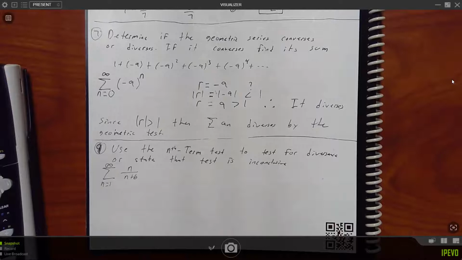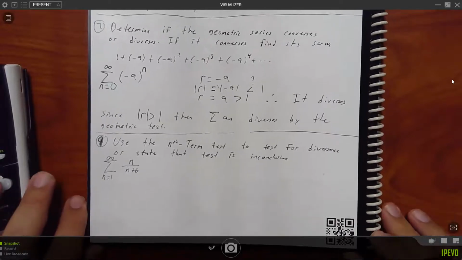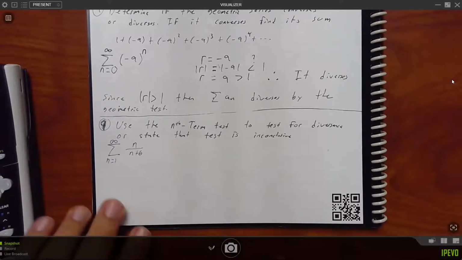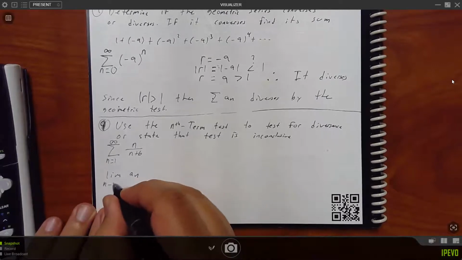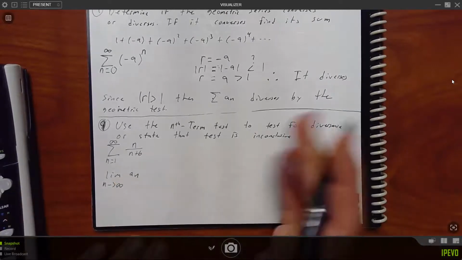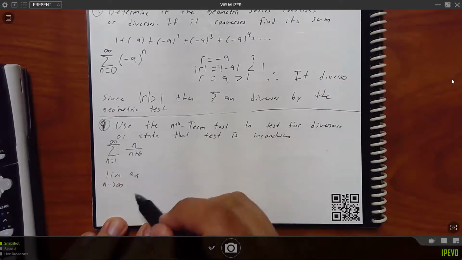Do you guys remember what the nth term test was? Or the divergence test, also known as? All you have to do is take the limit of a sub n. That's what nth term test means. You take the sequence part, take a look.